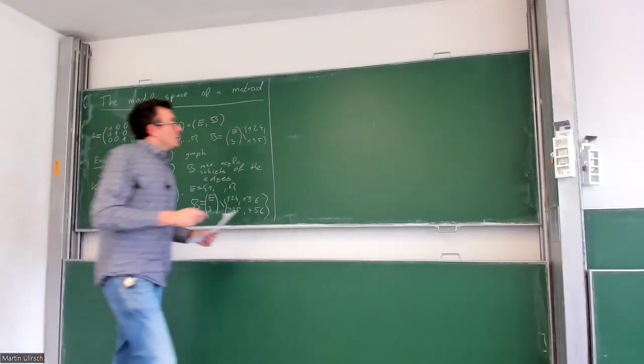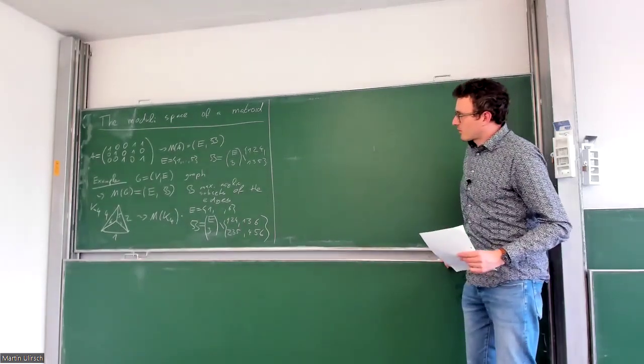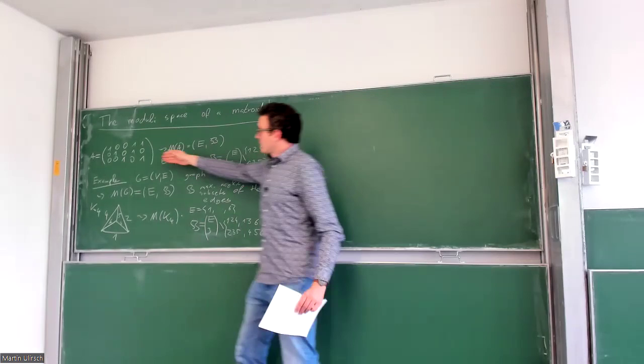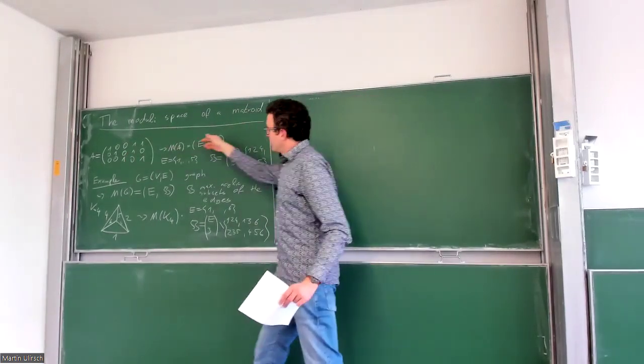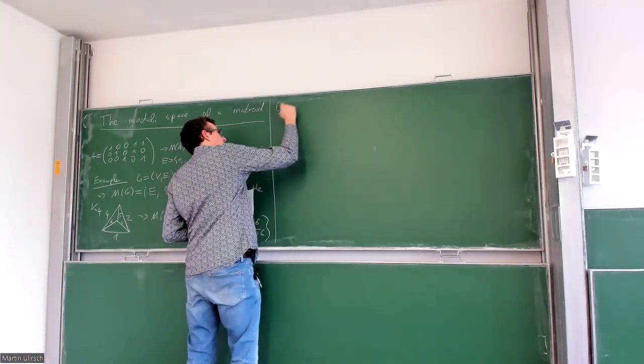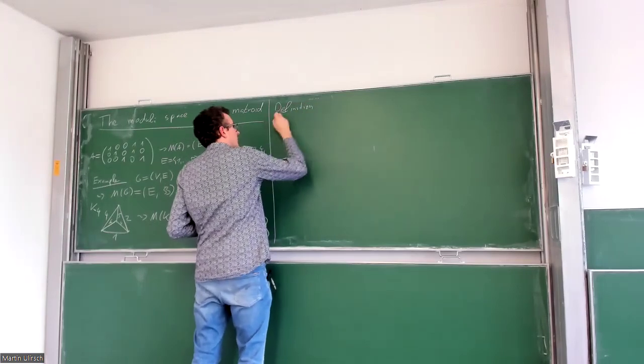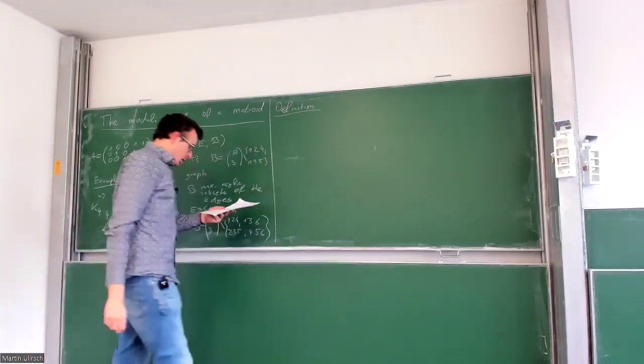Let's move on. Let's formally define what it is for a matroid to be representable. It essentially means that we can write down such a matrix and that the matroid is realized by this matrix. But let's just write down a definition because that's what we're going to use, the main thing we're going to use in the talk.